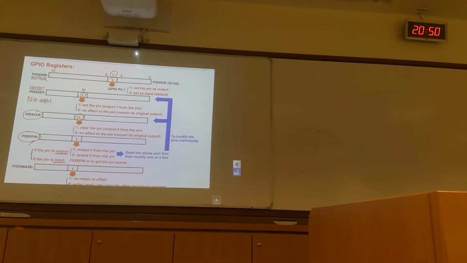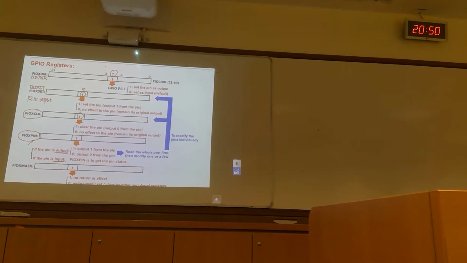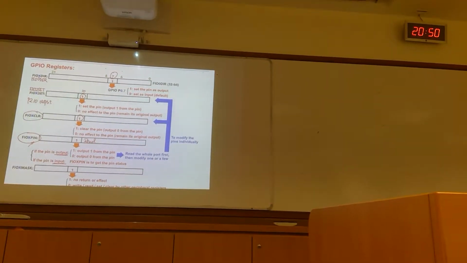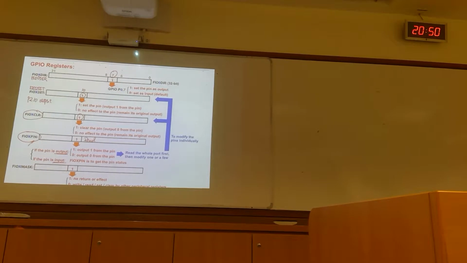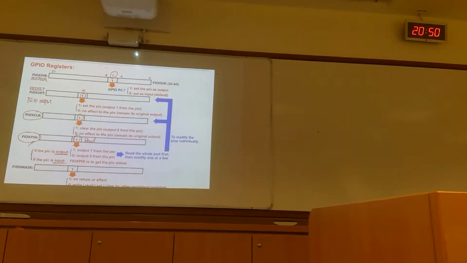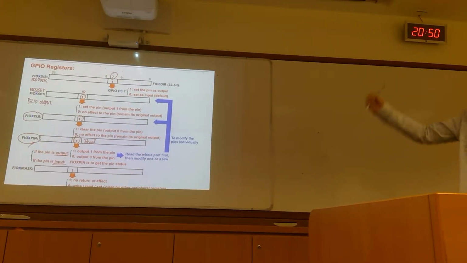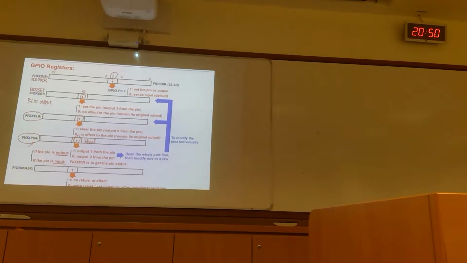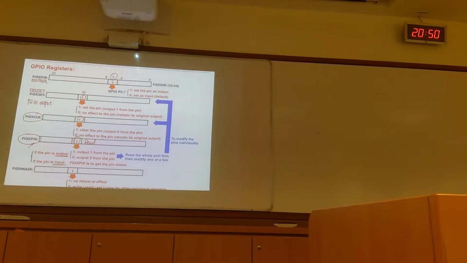If your pin is an input, basically you are going to read from this register instead of write to it. Okay? You read this register, look at this corresponding position, see whether it's 1 or 0. This means the bit you are receiving from this pin. Okay, since it's an input pin.